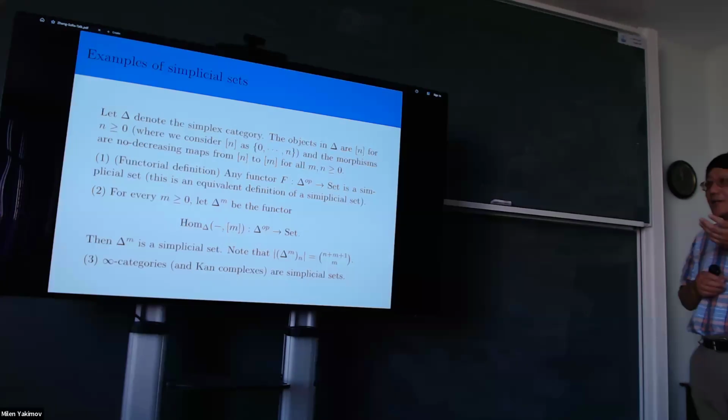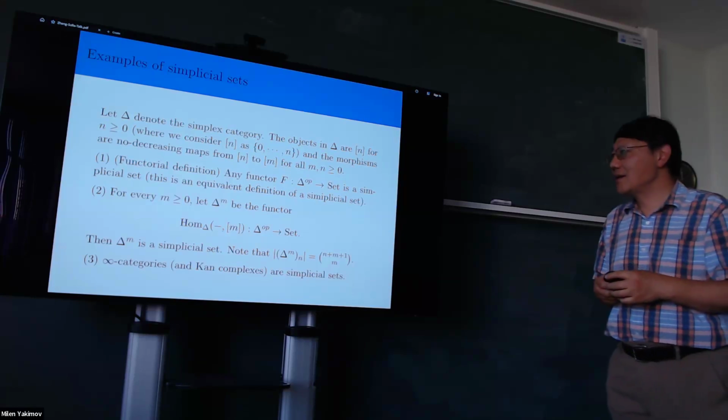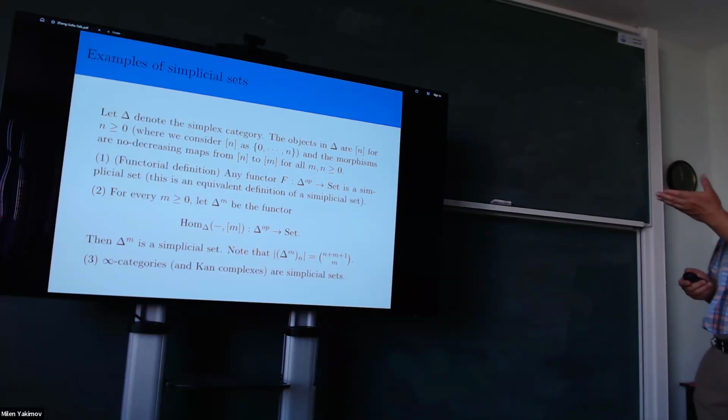Then another way of defining the simplicial set is as a functor from the opposite category of this delta to the set category. This is an equivalent definition.